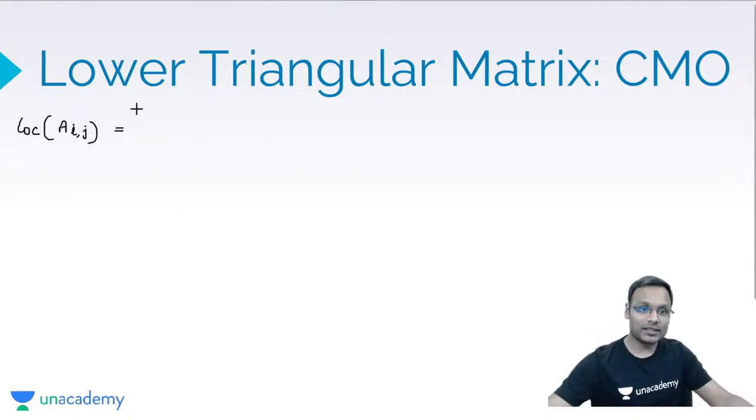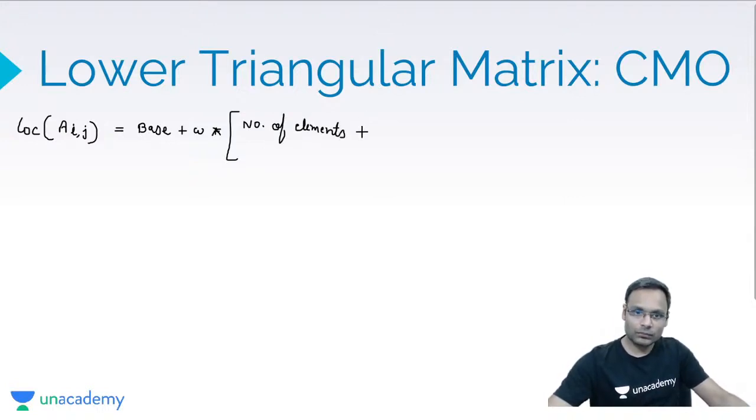So the basic formula is same to same: base plus w into number of elements in columns from 1 to j minus 1.